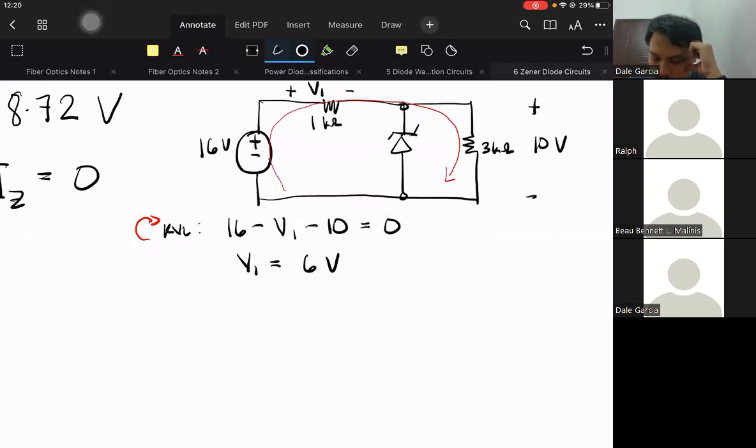Yes, we could. Current across the load is I equals V over R. So 10 divided by 3,000. 3.33 milliamperes.